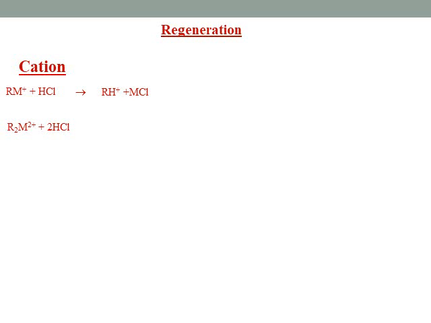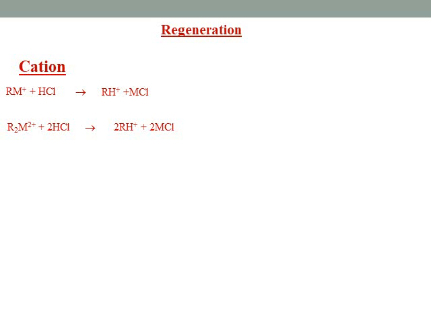M means sodium chloride, calcium chloride, potassium chloride, etc. If it contains a divalent cation, let us say R2M2 plus, it reacts with 2 moles of HCl and regenerates 2RH, releasing MCl into the solution.